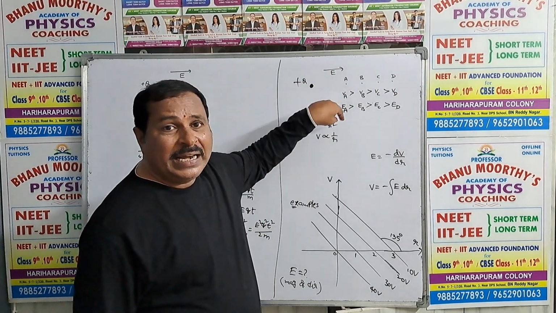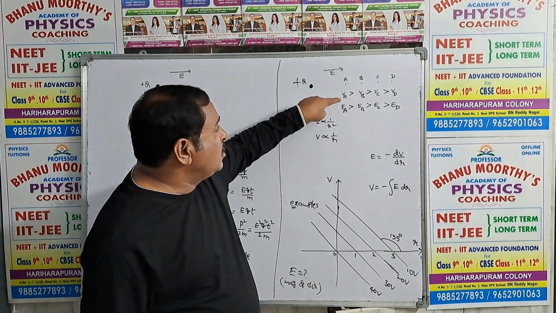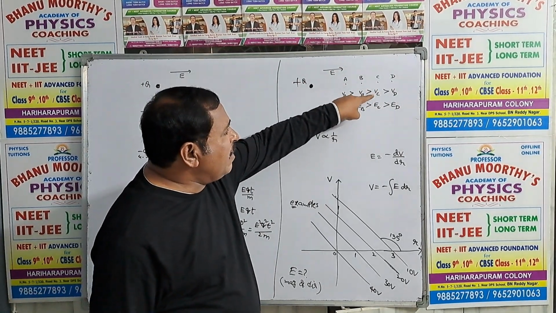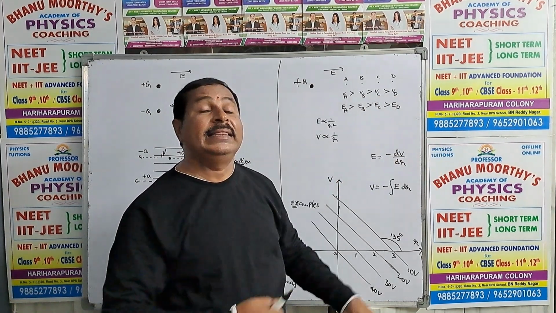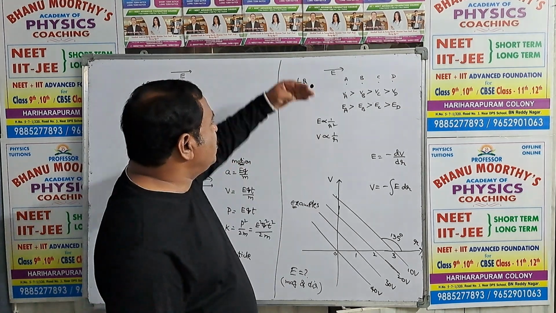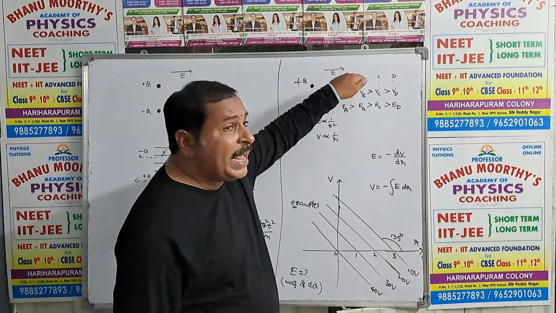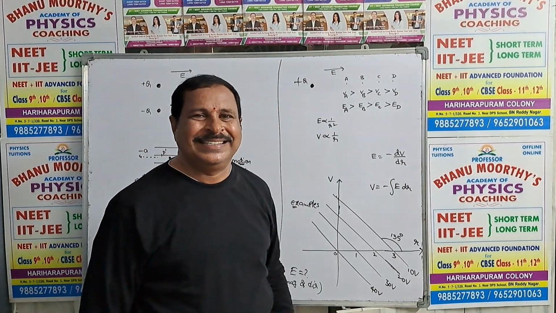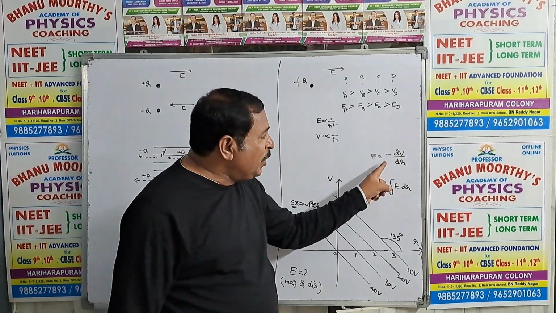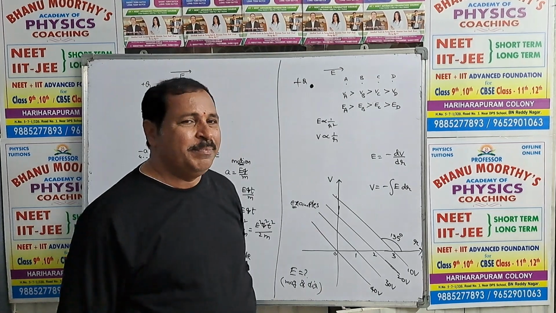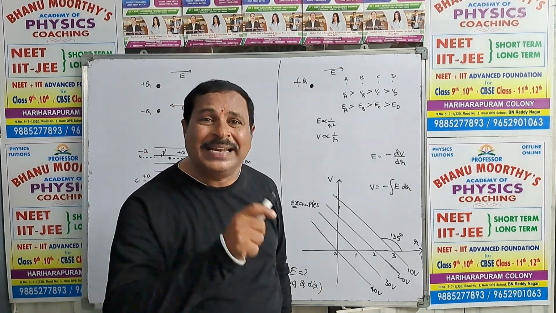So I have given the relation among these points. VA greater than VB greater than VC greater than VD. So potential gradually reduces in the direction of field. The potential gradually reduces with the distance. So the intensity versus potential relation is negative potential gradient. Means what is the representation of minus there?